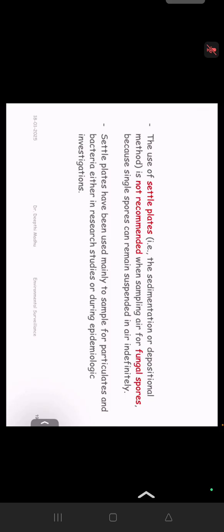So the use of settle plates is not recommended when you're specifically looking for fungal spores, because single spores can remain suspended in air indefinitely. In such situations, you have to use a sieve impactor or a slit impactor, one of those things where air is sucked in. If you are looking at a unit with neutropenic patients and you're looking specifically for fungal spores, then use a sieve impactor or slit impactor, one such methodology where air is sucked in or pushed in.